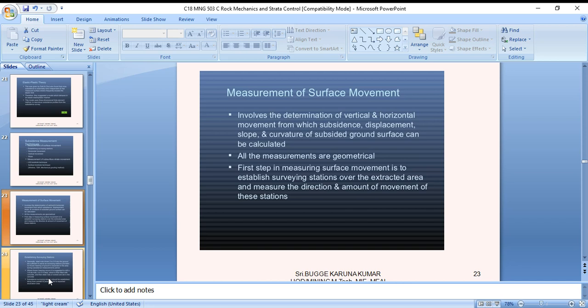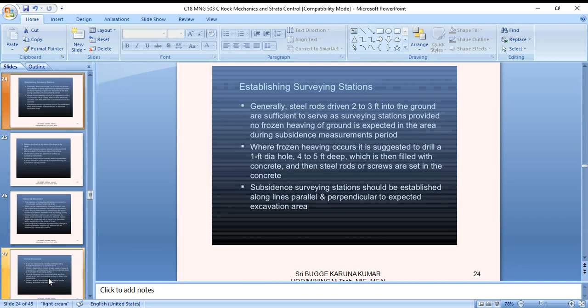So the first step in measuring the surface movement is to establish a surveying station over the extracted area and measure the direction and amount of movement of these stations. Generally, steel rods driven 2 to 3 feet into the ground on a surface where we expect subsidence are sufficient to serve as a surveying station, provided no frost heaving is expected in the area during the subsidence measurement period.